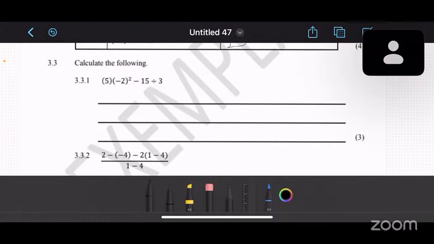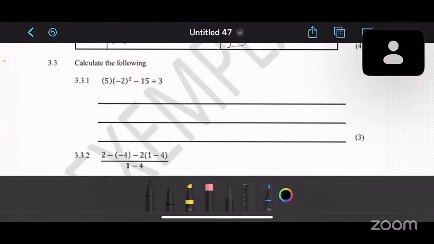So when they've given you a question like this, they say 5 in brackets, and then another bracket inside with -2 to the power of 2, and then minus 15 divided by 3, and they didn't mention that you can't use a calculator.